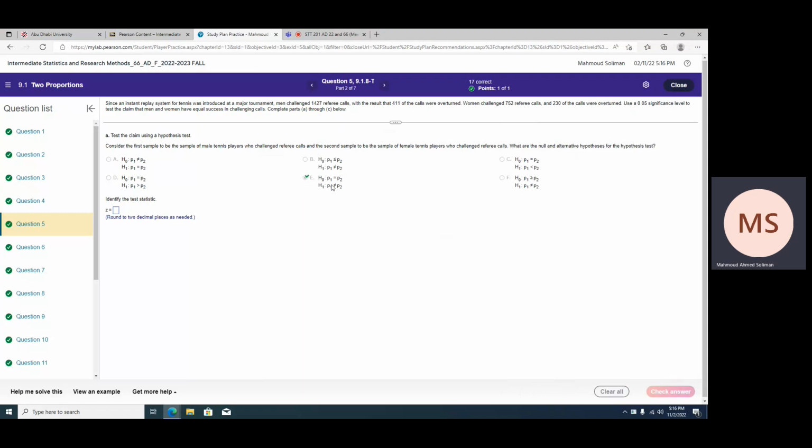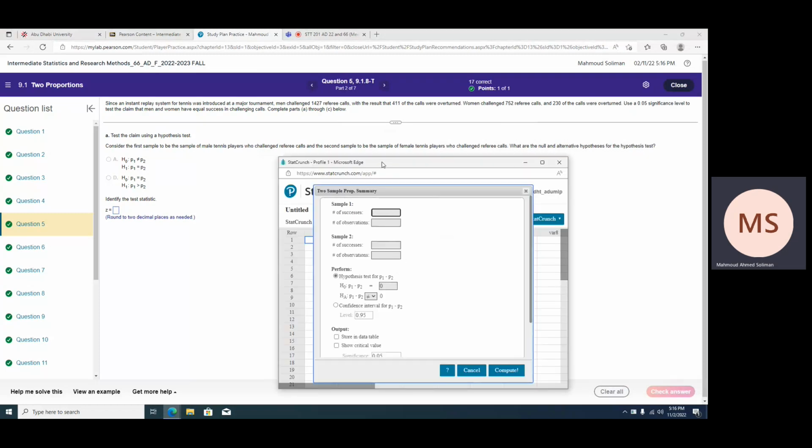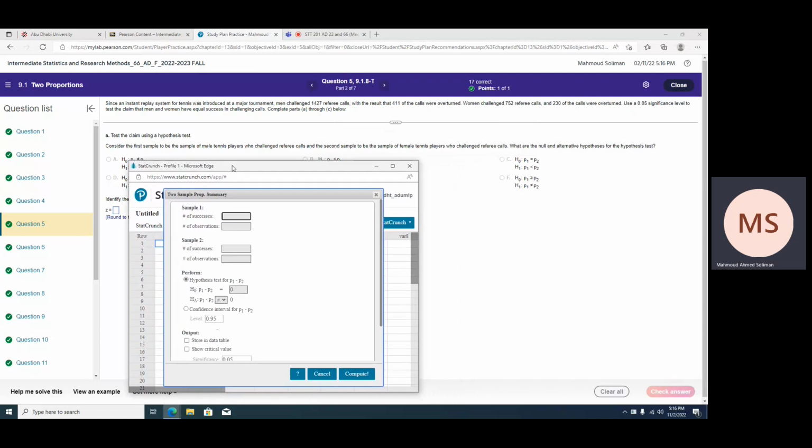When you have P in the hypothesis, that means it's proportion. P1, P2 means two samples. So P1 is males. Here it says first sample, males. So sample one. We'll put 411 successes.